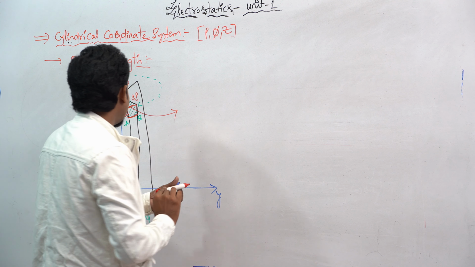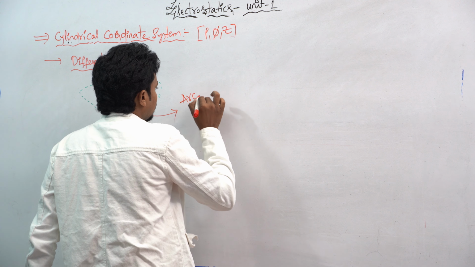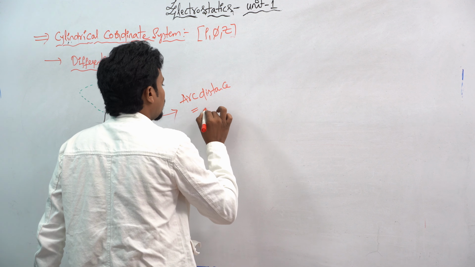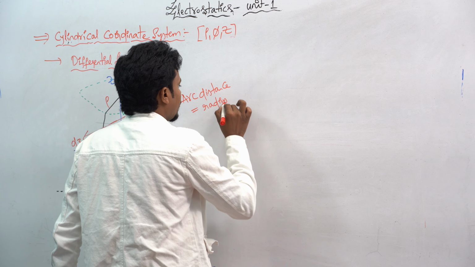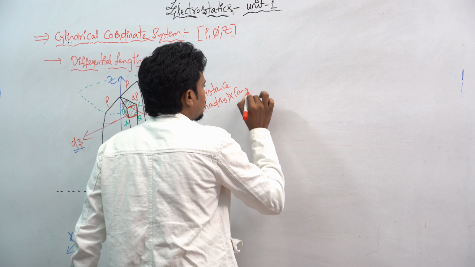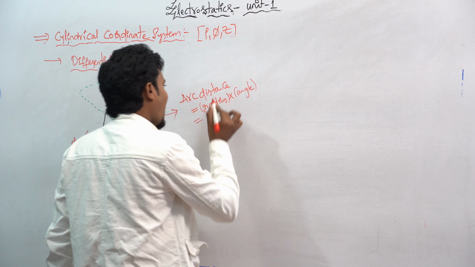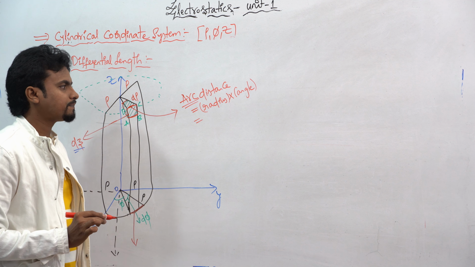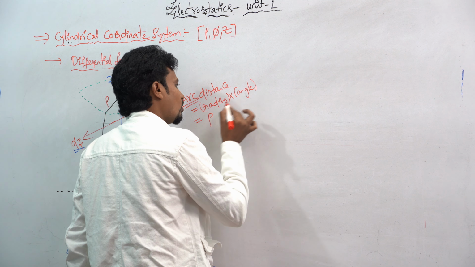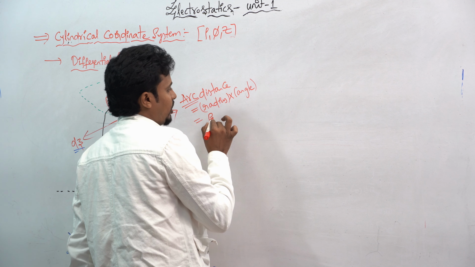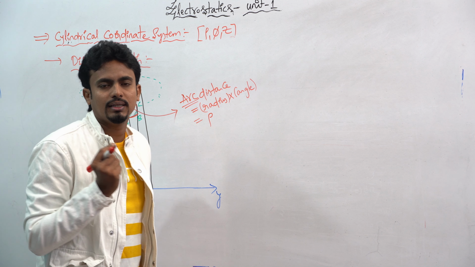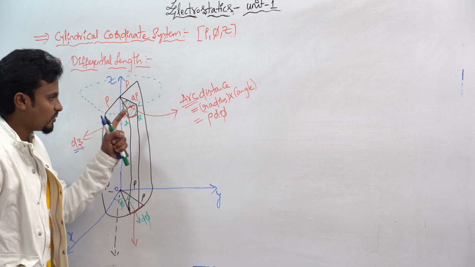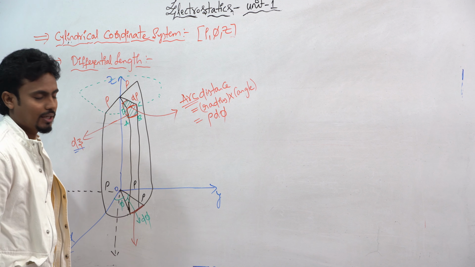The arc distance is radius times angle. The radius is rho, and the angle is phi. If I take the small angle, that becomes d phi. So this becomes rho d phi, and this becomes dz.